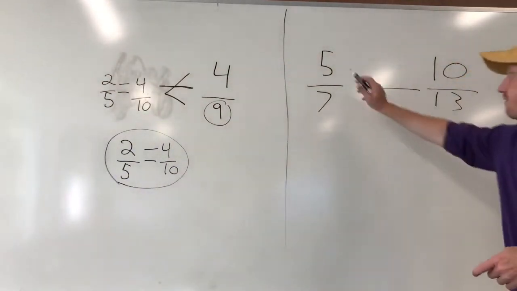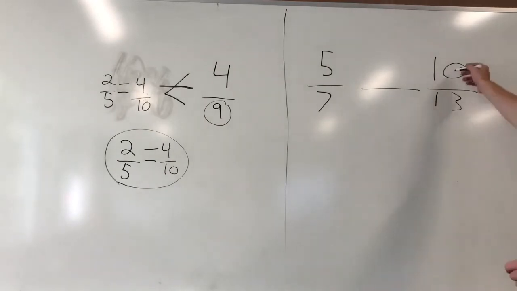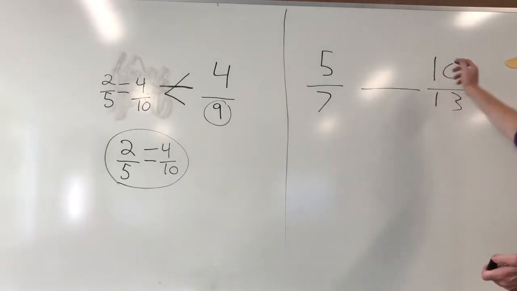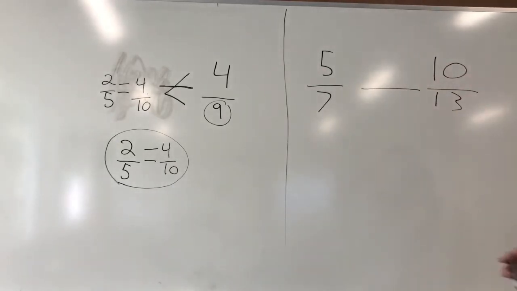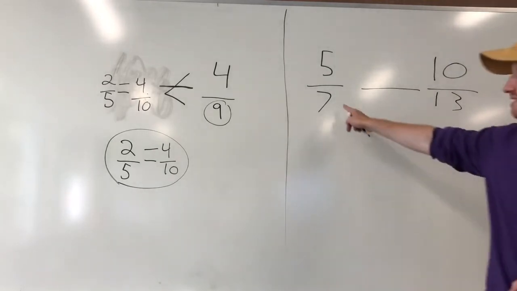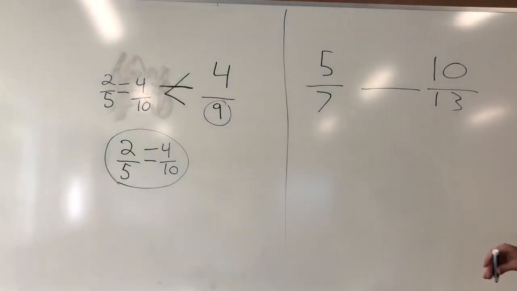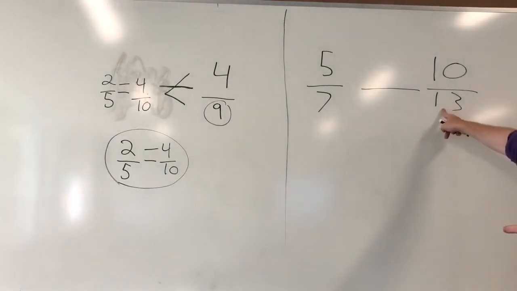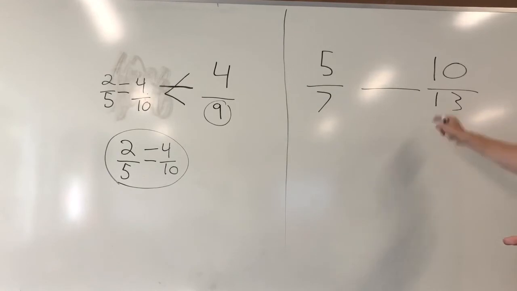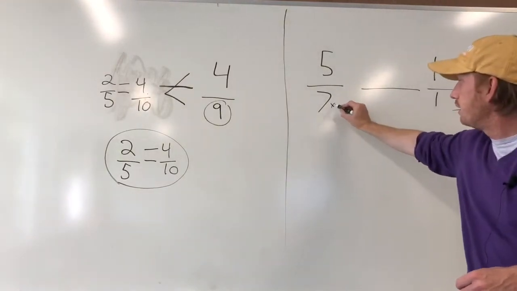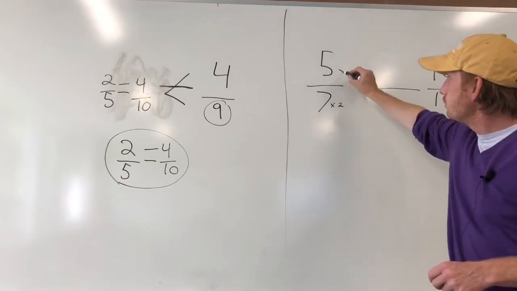So over here we have 5/7 and 10/13. Again, that's kind of a hard one to compare. 5/7 versus 10/13 doesn't really tell me all that much. But I know that 7 times 2 is 14. And 14 is only 1 away from 13. So what I'm going to do is I'm going to take this fraction and multiply both sides by 2.